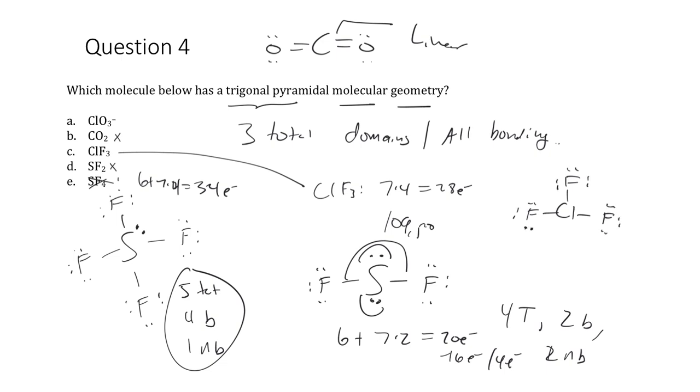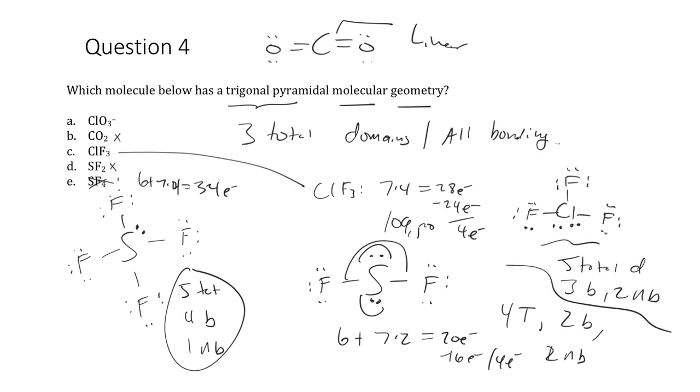That's 8 times 3, 24 electrons used, with 4 electrons left over onto the chlorine atom. So this now has 5 total domains, 3 bonding and 2 non-bonding. This fits into trigonal bipyramidal, not trigonal pyramidal, and the molecular shape here will be T-shape.